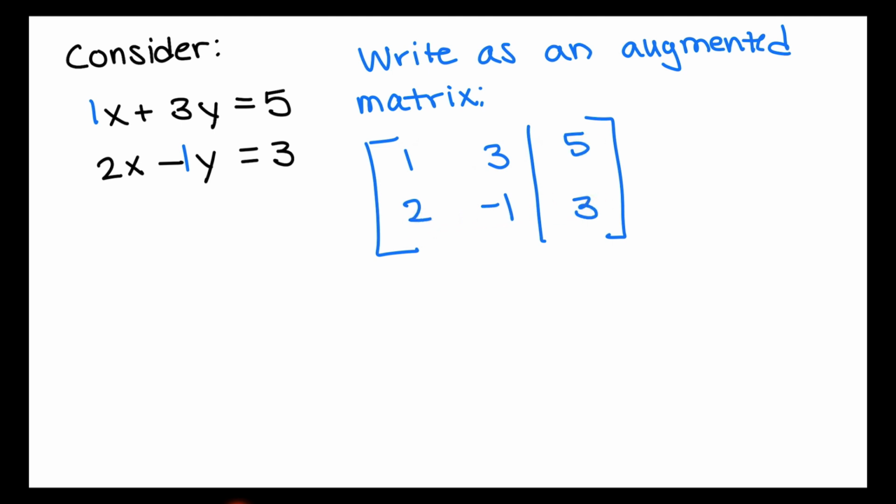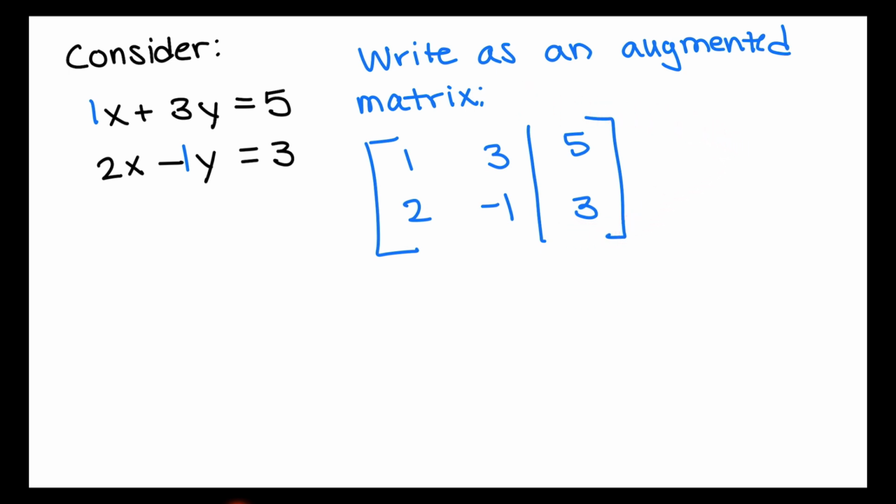So the first row takes the coefficients of x and y, so 1 and 3, and then the constant that it equals is also in that first row. The second row contains the coefficients of x and y for the second equation, so 2, negative 1, and then there's the constant 3.